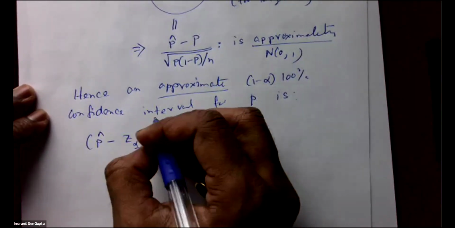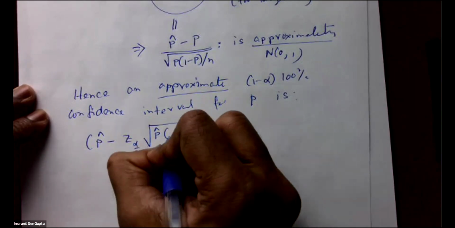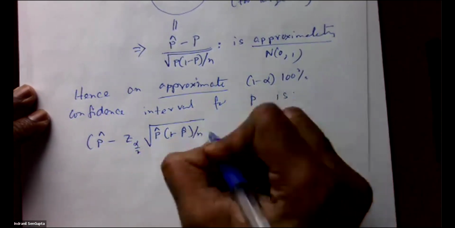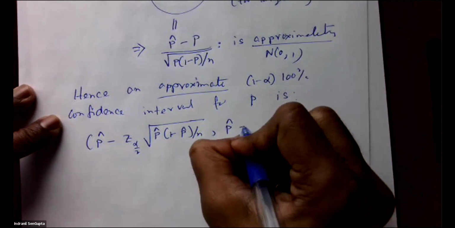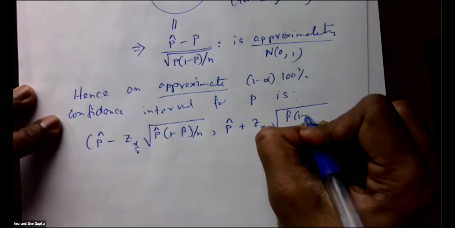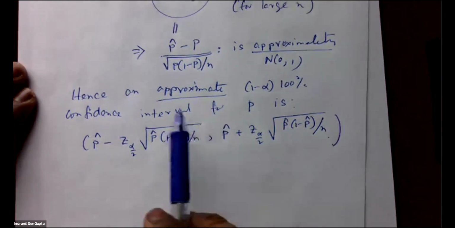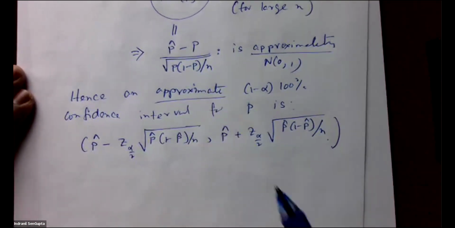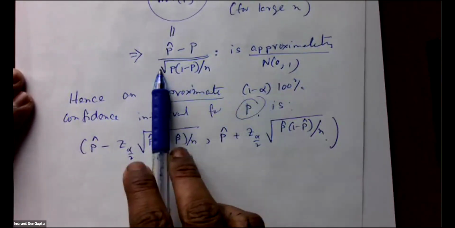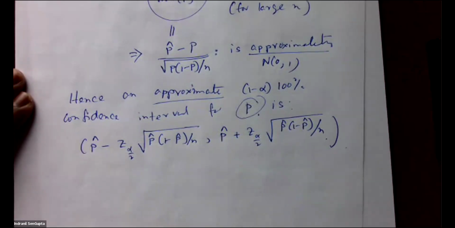This comes from the expression above. The only thing is, since we don't know p, we are estimating the variance based on what we know. That's why these numbers are p hat.